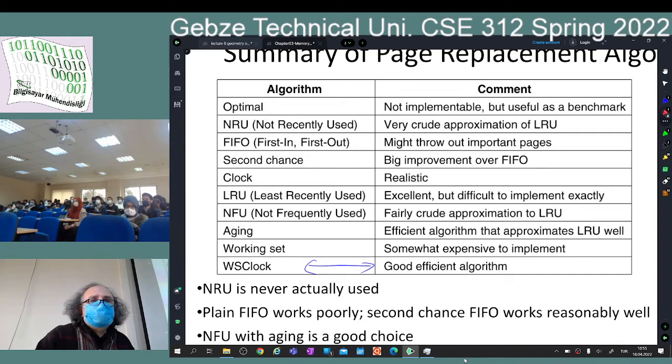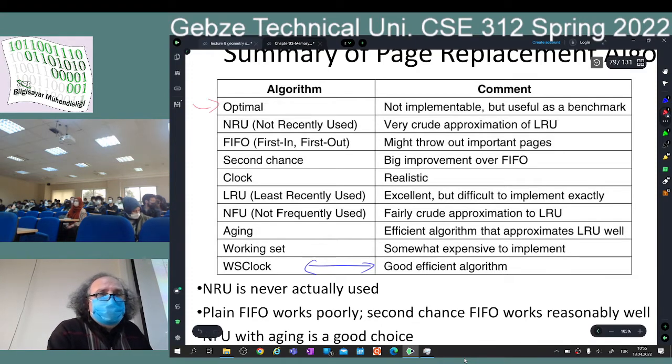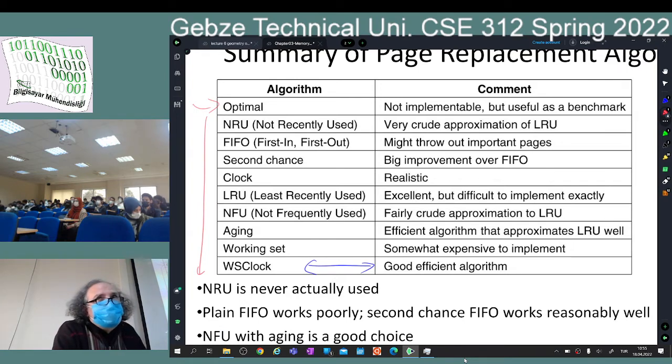So this is not runnable in real time, but in the experimental world, of course, I can do whatever I want. Then not recently used. These names are actually nice. Other than optimal, which looks into the future, they all look at what happened in the past, and by looking at the past, I am trying to guess what's going to happen in the future.